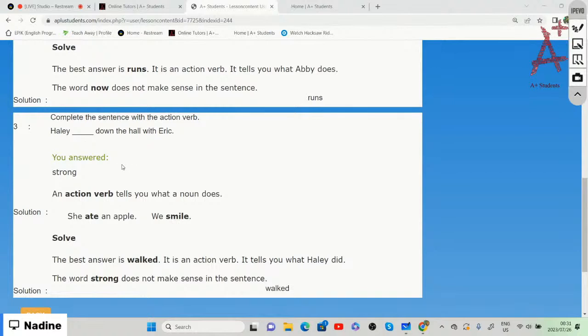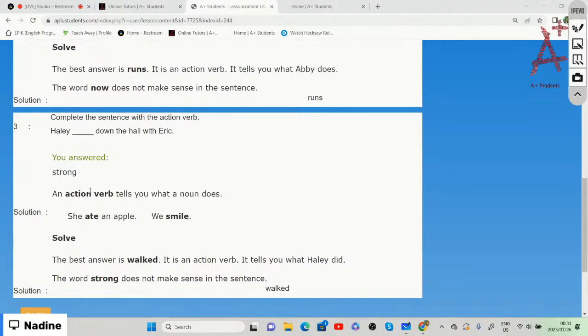Which means that "strong" does not fit in or make sense within that sentence at all. And once again, certain answers or activities or lessons will be a bit tricky because they want us to think of a possible answer, right? So in this case, "strong" does not make sense within the sentence.